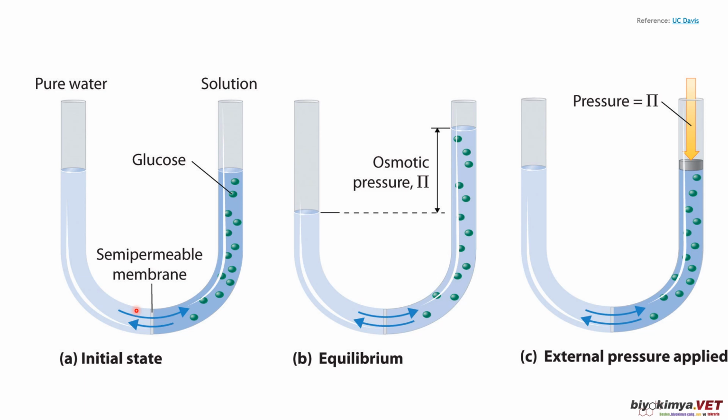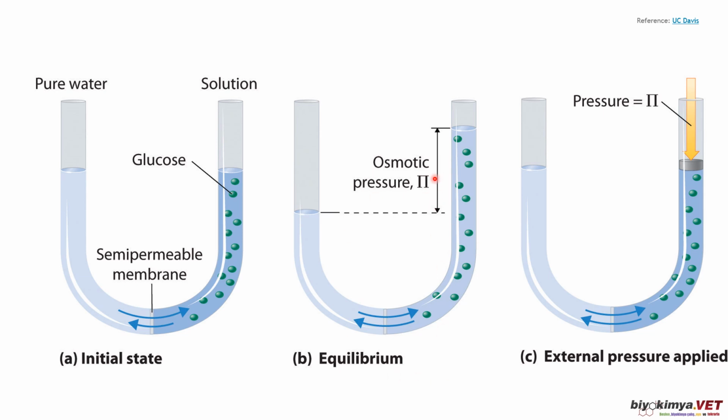Since the flow of pure solvent through this membrane from left to right, which means pure water to the glucose solution, is greater than the flow of solvent in the opposite direction, the liquid level in the right tube rises, as in figure B, which depicts the equilibrium state.